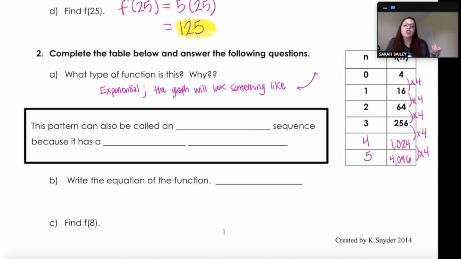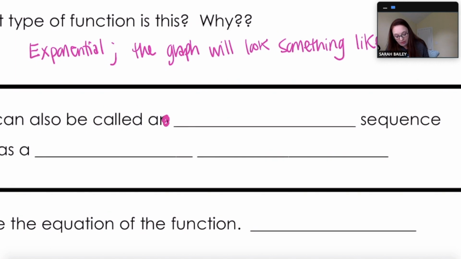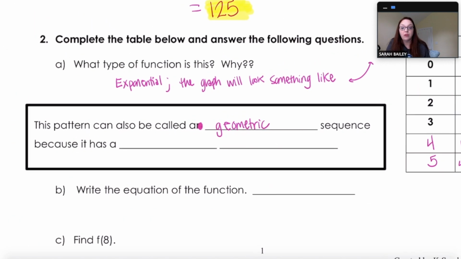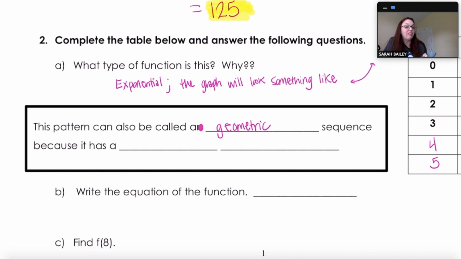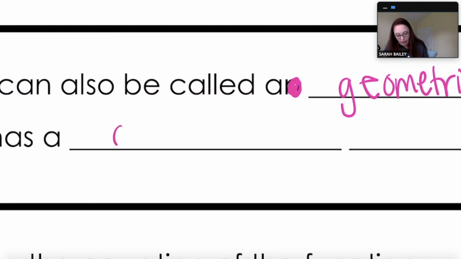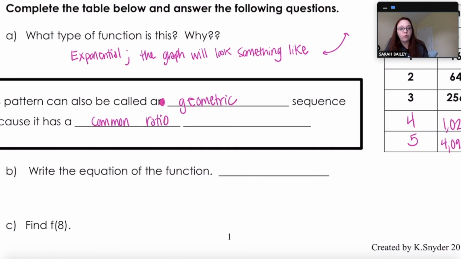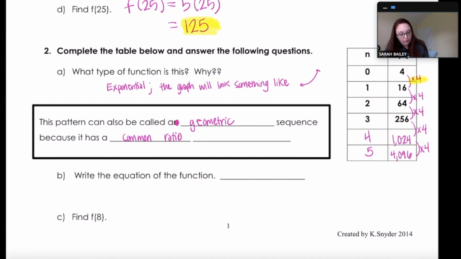This pattern could also be called, it says a blank sequence, but it should be a, mark out that n, a geometric sequence. Because this one doesn't have a common difference. It has what's called a common ratio. And when you look in that table, that common ratio can be seen right here. So you're multiplying by 4 each time.